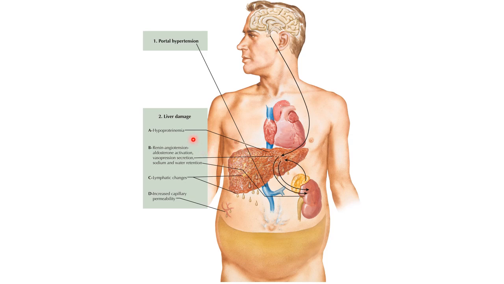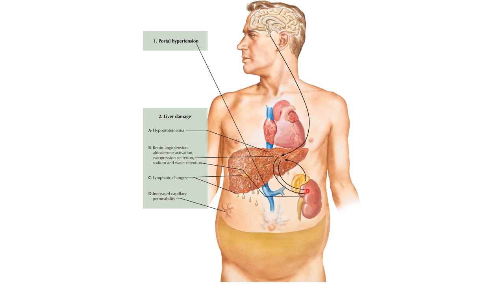When there's hypoproteinemia, the oncotic pressure inside the blood vessels will decrease. And so water will tend to escape the intravascular space. Next, because water tends to escape the intravascular space, the intravascular volume collapses. And so that will be detected by the macula densa of the kidney as if kulang ng dugo.